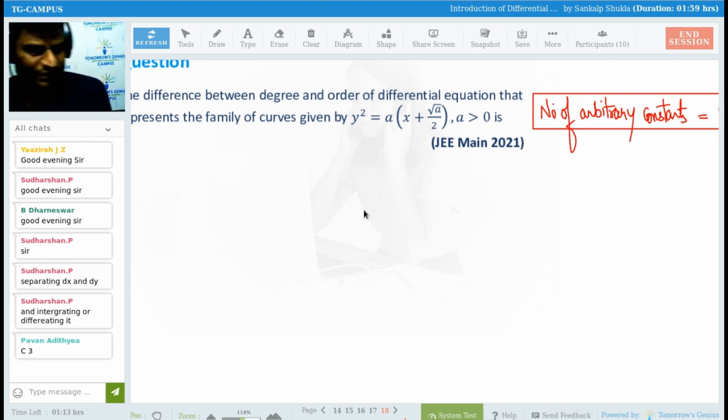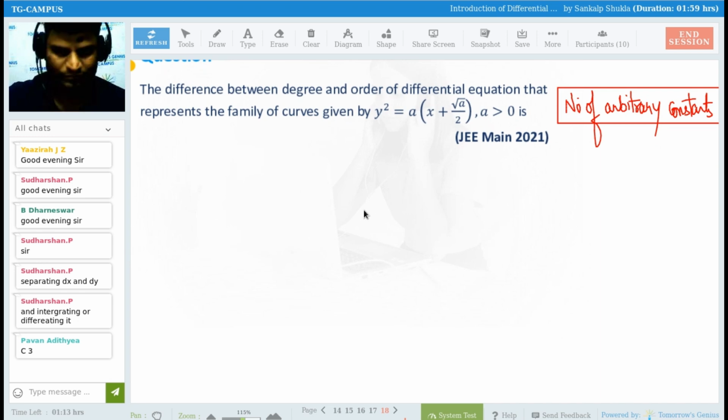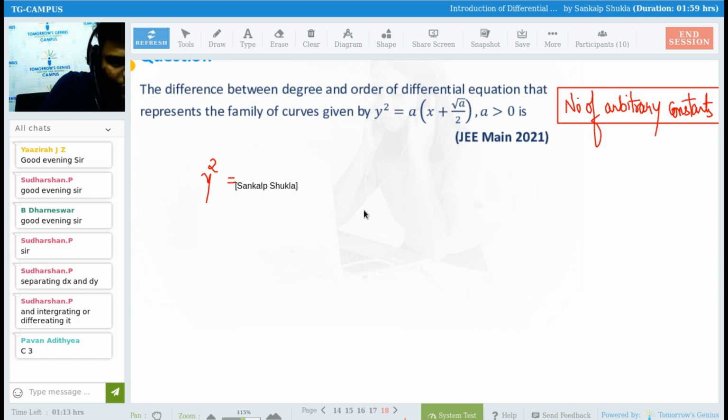So has anyone reached the answer? Are you guys still trying? The difference between degree and order of a differential equation that represents the family of curves given by y square is equal to ax plus root a by 2. First we have to write the equation y square is equal to a into x plus root a by 2.